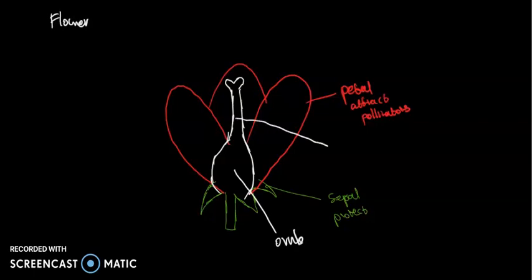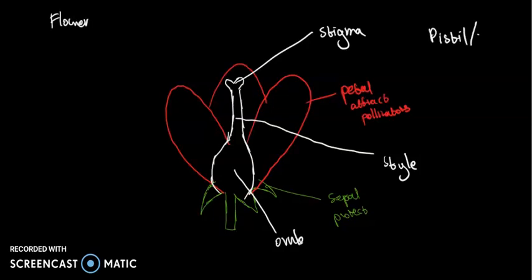And this right here, this long thing, is called the style. And this right here is called the stigma. And these white parts put together come to be known as the pistil or carpel. That's the female part.